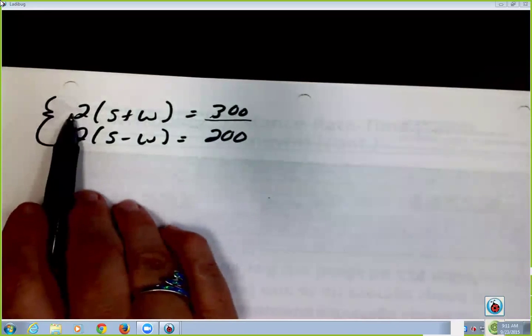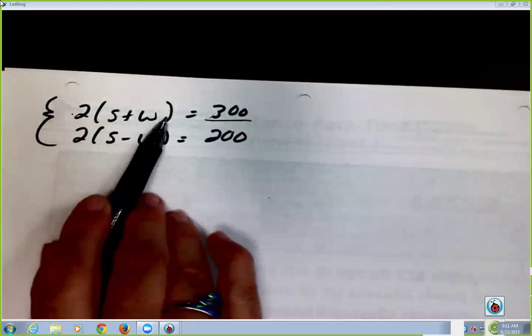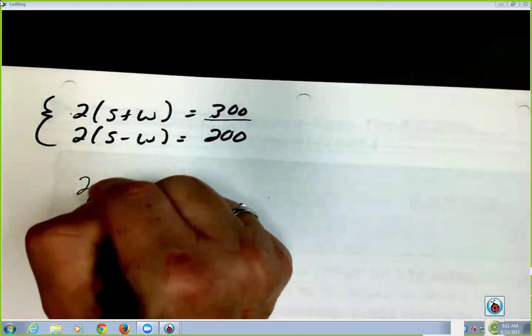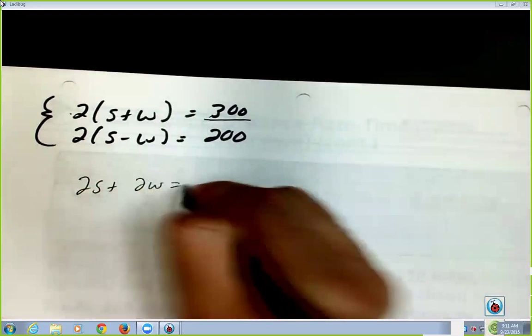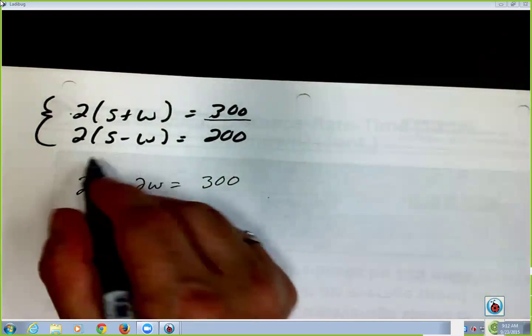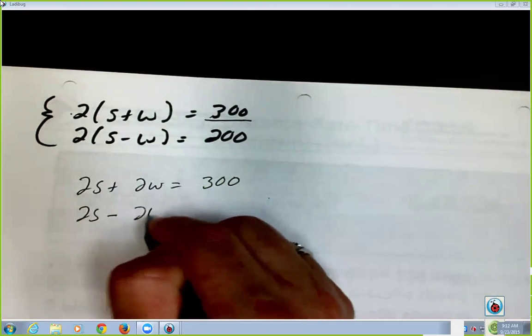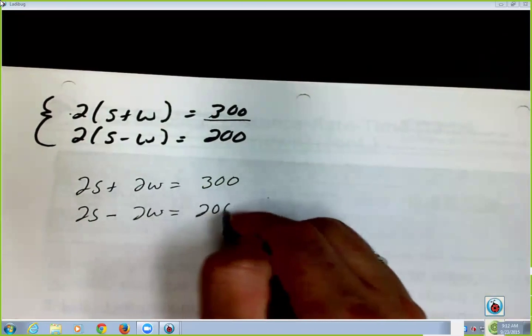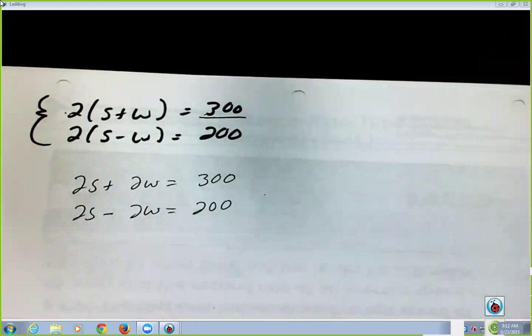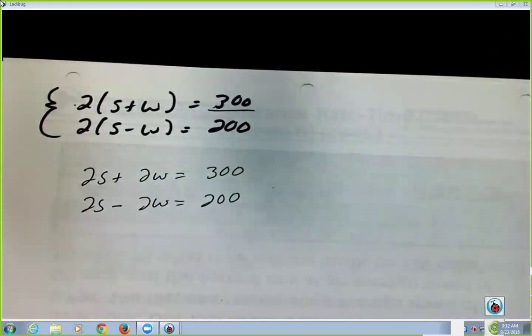So now we need to solve it. To solve it, multiply by 2 over here. So I have 2s plus 2w is equal to 300, and 2s minus 2w is equal to 200. With every one of these story problems, you can pick whatever method you'd like to use.